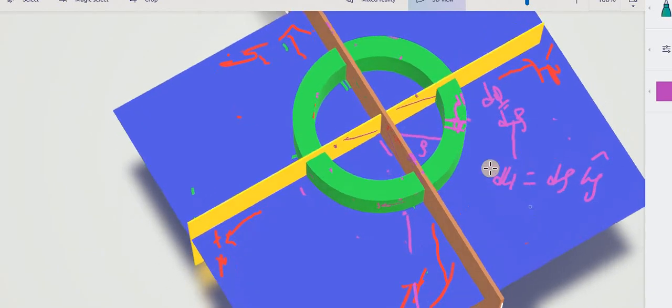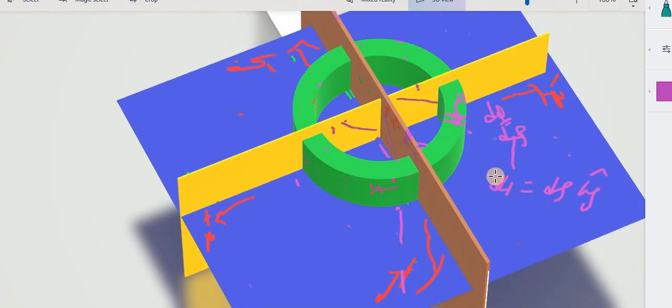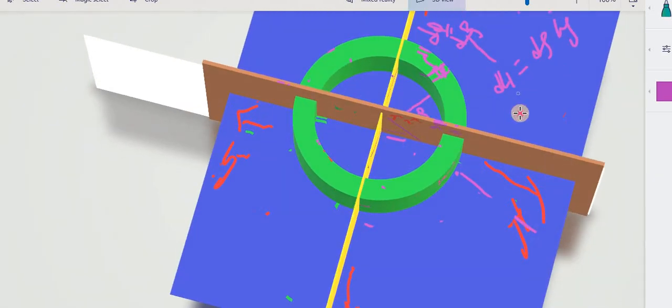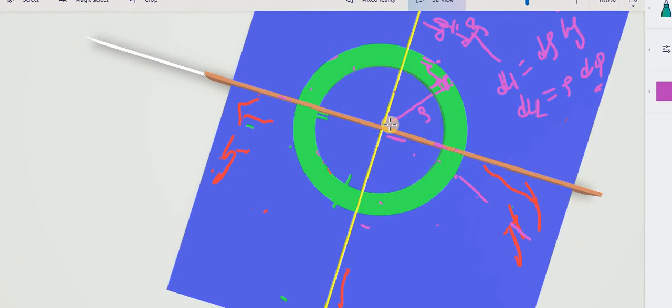So what will be the length of this arc? The length of the arc will be dl2. Obviously dl2 will be rho d phi, because this is the radius rho, then the arc of this length.